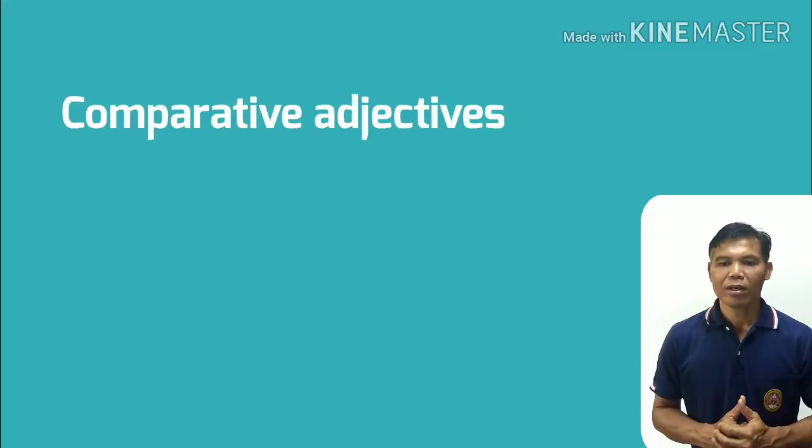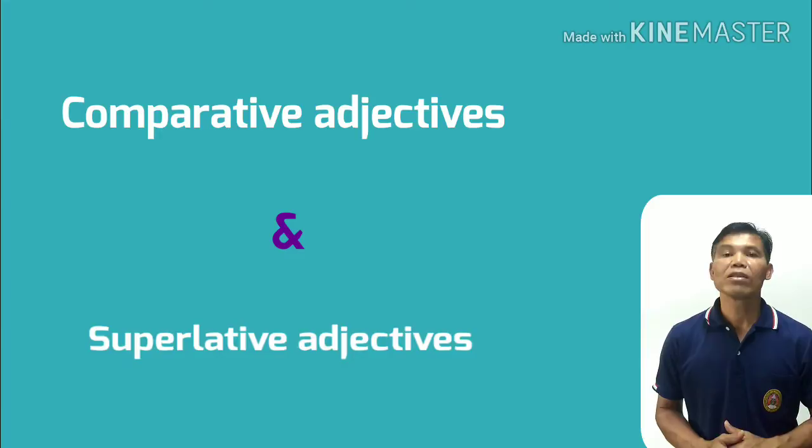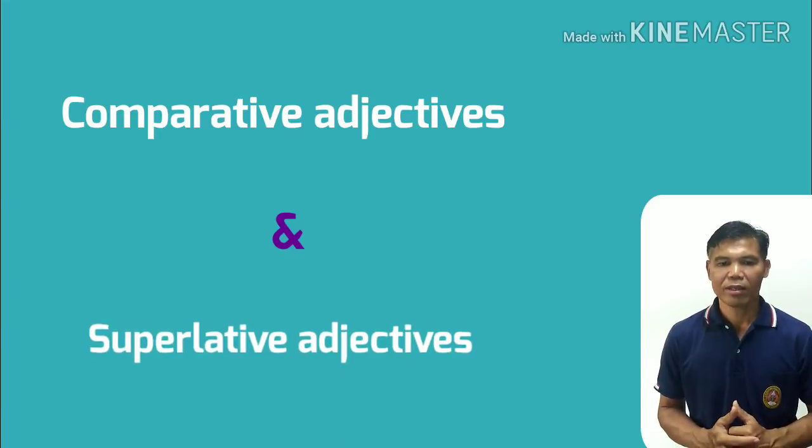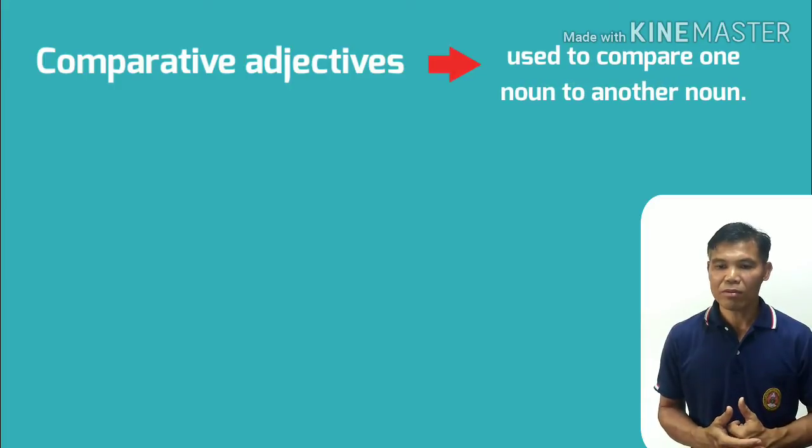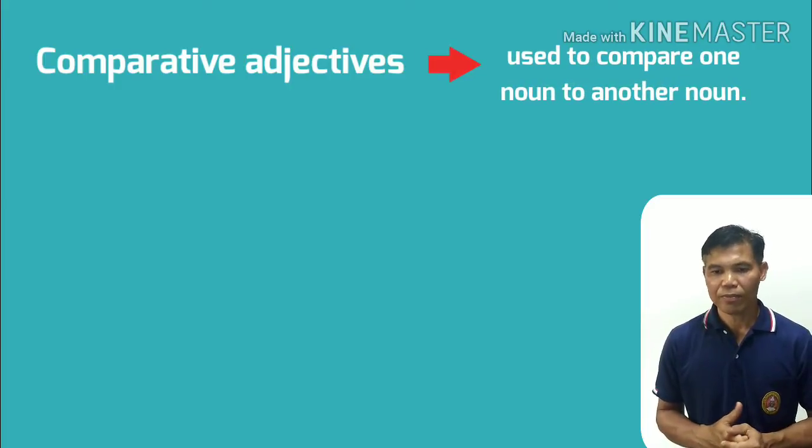Right. The next thing to know about adjectives is we compare 2 or more nouns using adjectives. There are 2 types of adjective for comparison: comparative adjectives and superlative adjectives. Comparative adjectives are used to compare a noun to another noun.